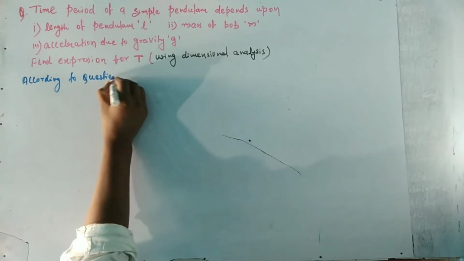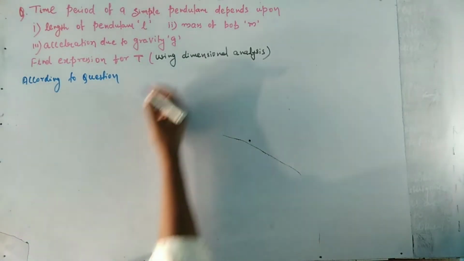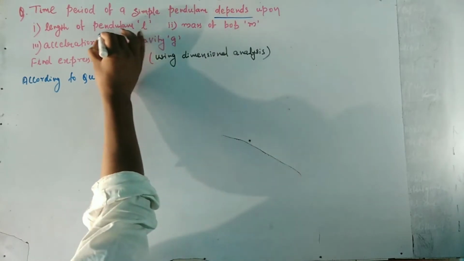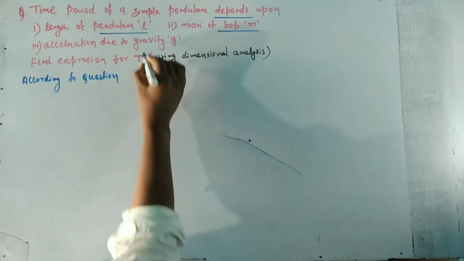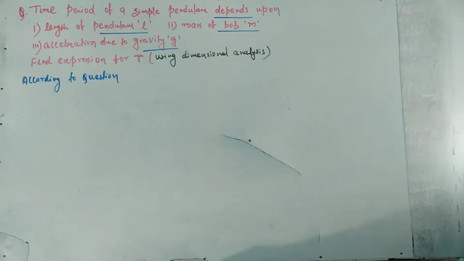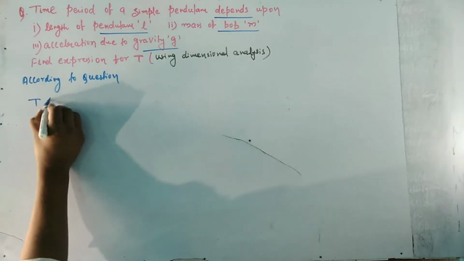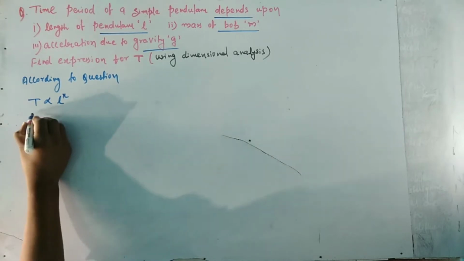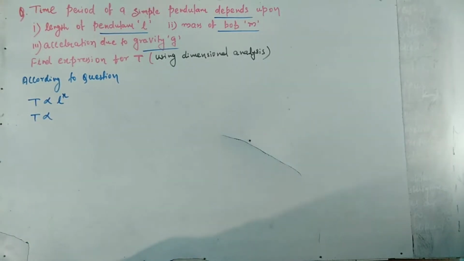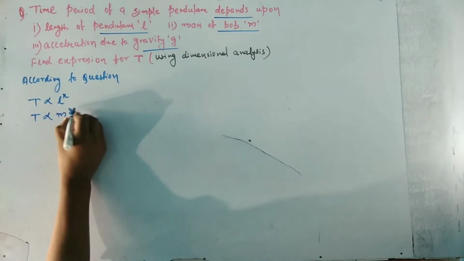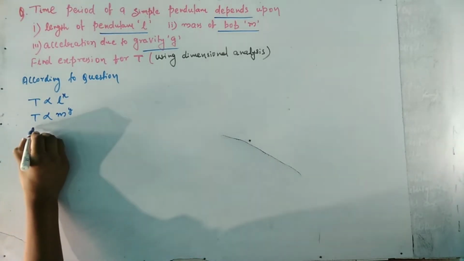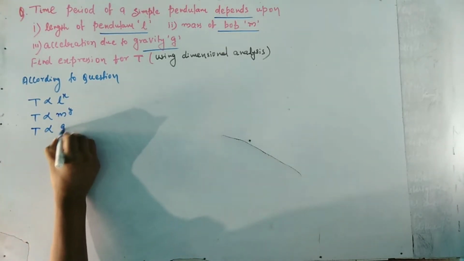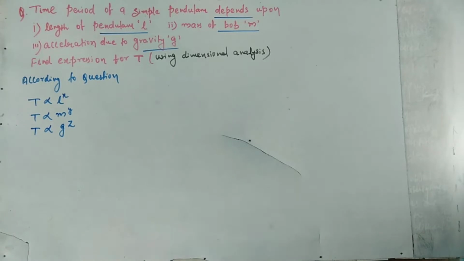So according to the question, the time period depends on length, mass and acceleration due to gravity. Therefore, T is proportional to L to the power x, T is proportional to M to the power y, and T is proportional to g to the power z.